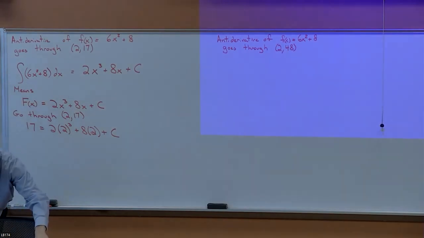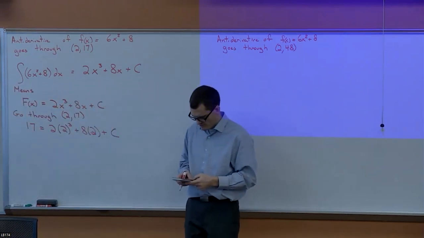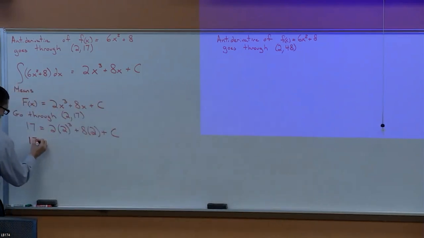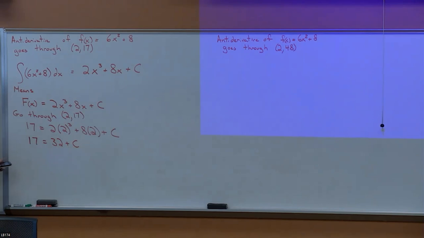So let me grab my calculator. 2 times 2 to the third is 16, plus 16, I get 32, I think. 17 equals 32 plus C. And then subtracting 32 from both sides gives me a constant that is negative 15.